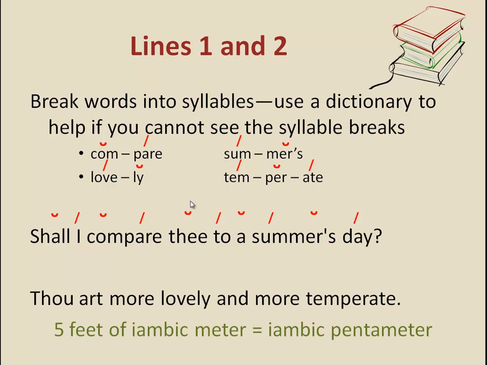Well, I probably would not emphasize that and normally, but for the meter, if we have the lee in lovely going as an unstressed syllable, then the next syllable has to be stressed. And when you think about it, it does make a little bit more sense to go ahead and emphasize it. Thou art more lovely and more temperate.